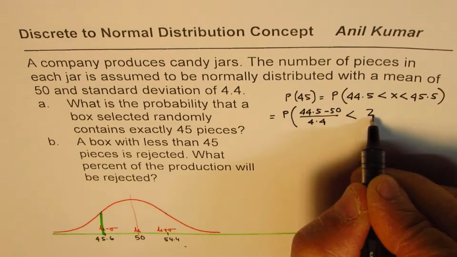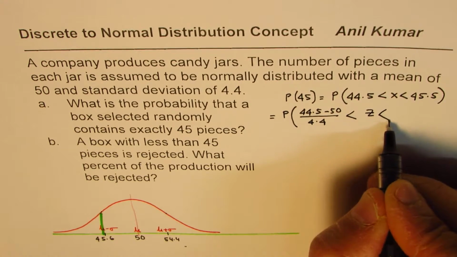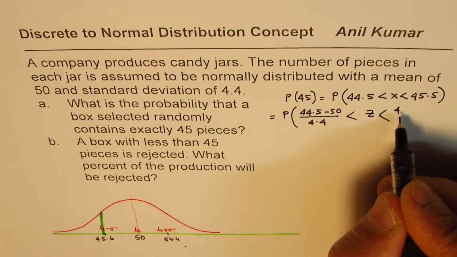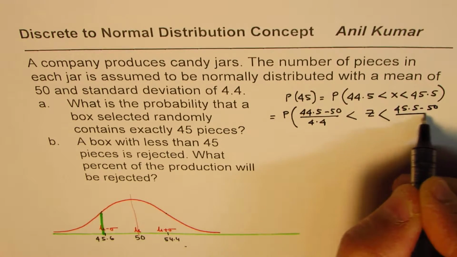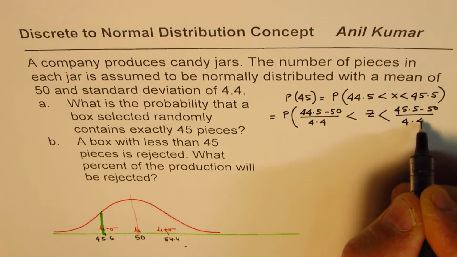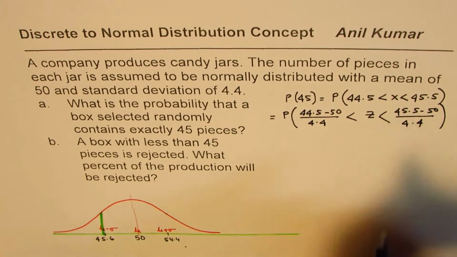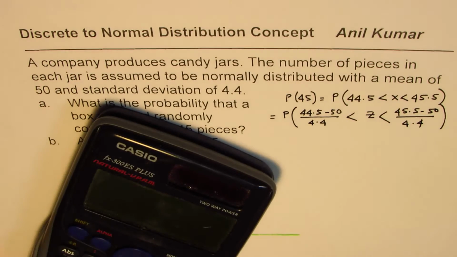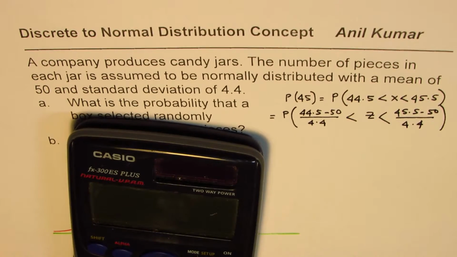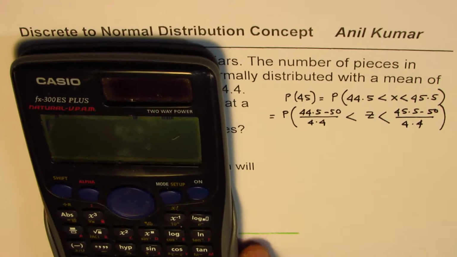So this is now translated to z-score. Do you see that? And on this side, 45.5 minus 50 divided by 4.4. So we have translated the numbers to z-score. Once we do that, we could use the standardized z-score tables, right? That's the idea.